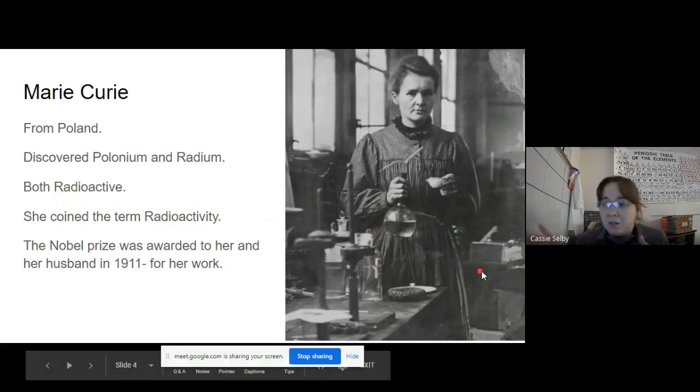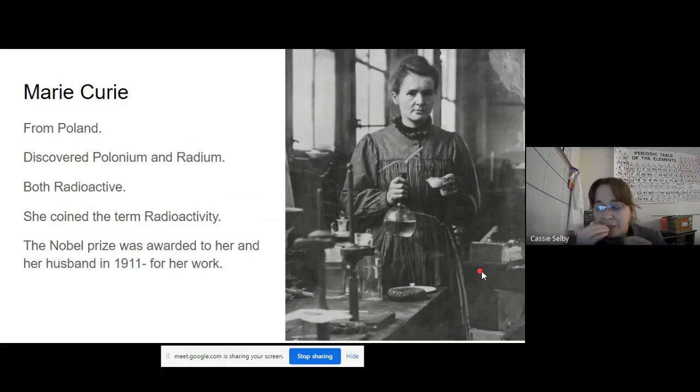And then along came Marie Curie, and she was from Poland. This was during a time in Poland when women were not supposed to be taught, and they weren't supposed to get an education. Her parents were both teachers, and so she was taught at home, and so were the rest of her siblings.